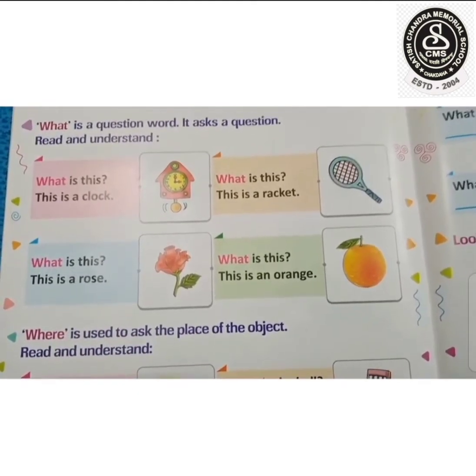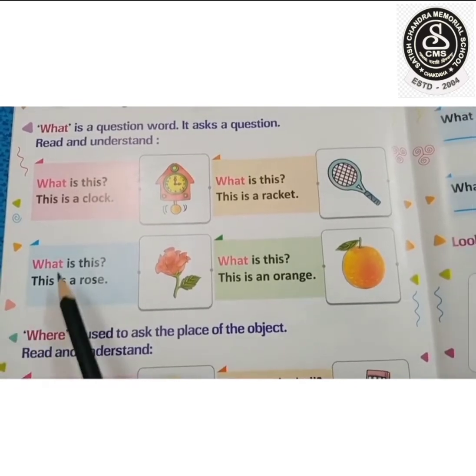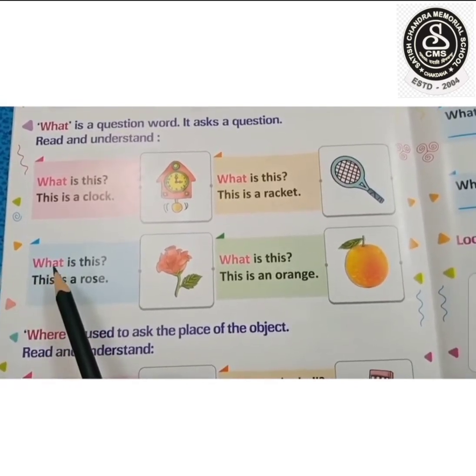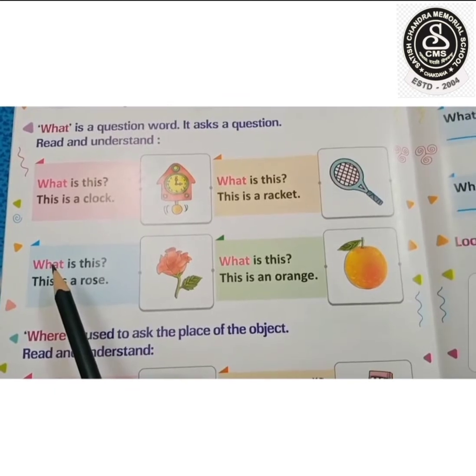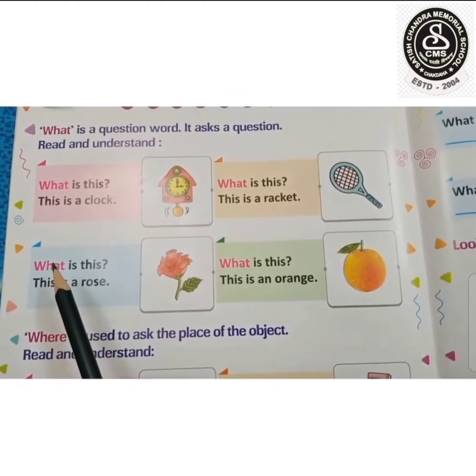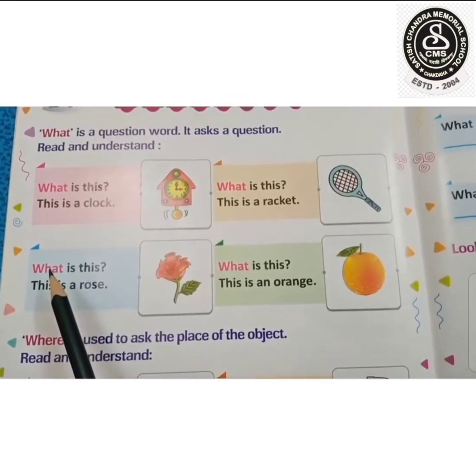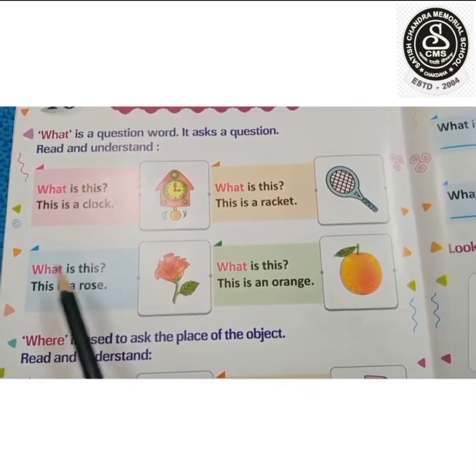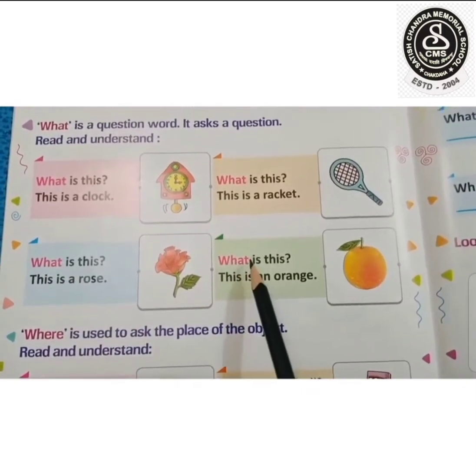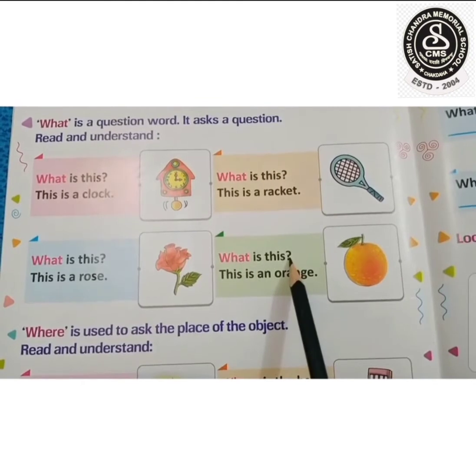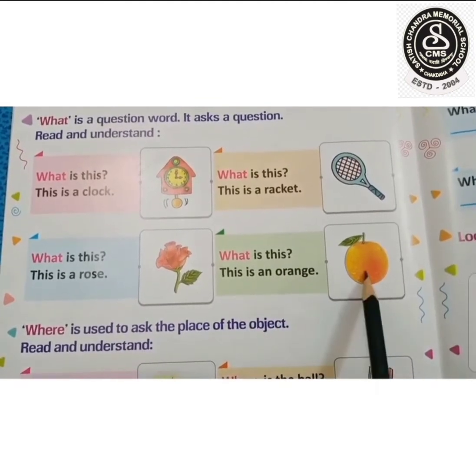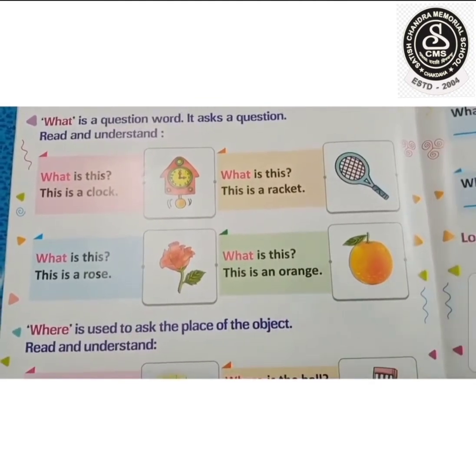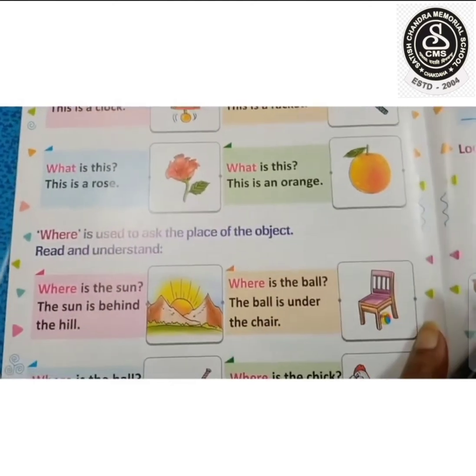So, children, what we have learned? We have learned how to use what, right? Where to use what and how to use what. So what asks a question. Now let's read the next part. What is this? This is an orange. Now let us learn about where.